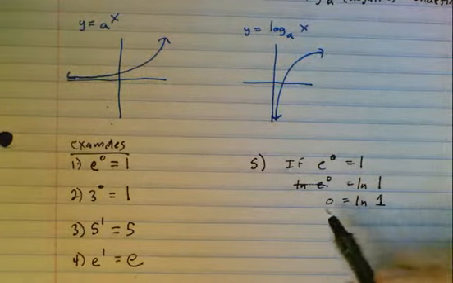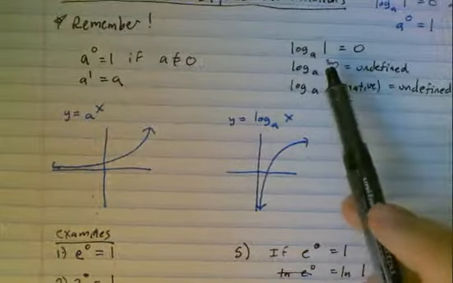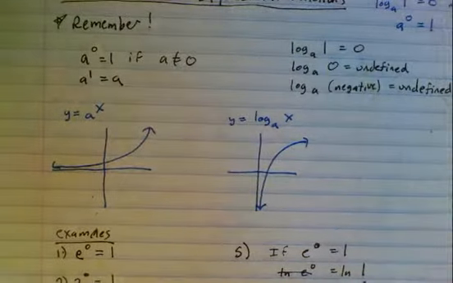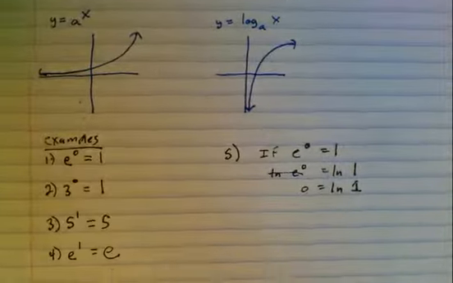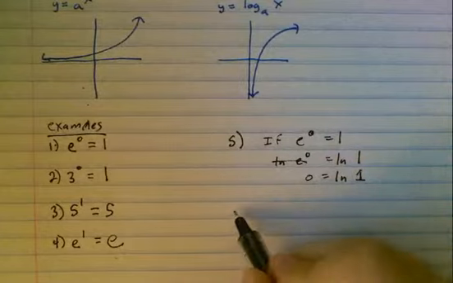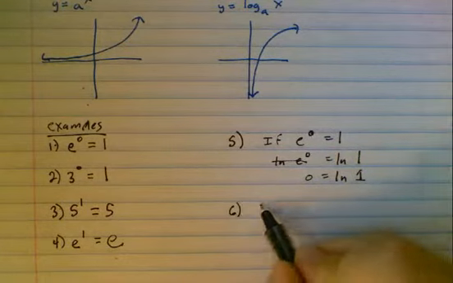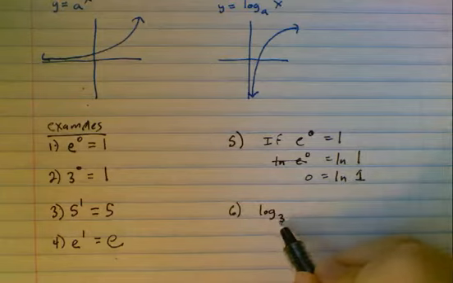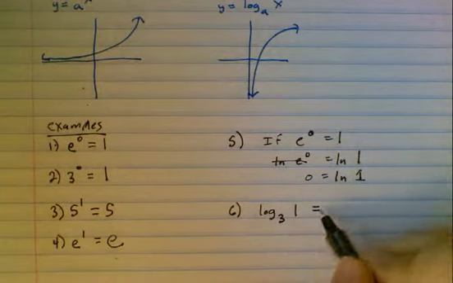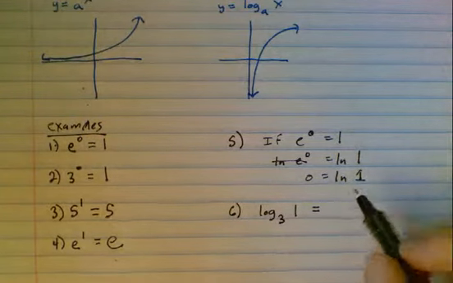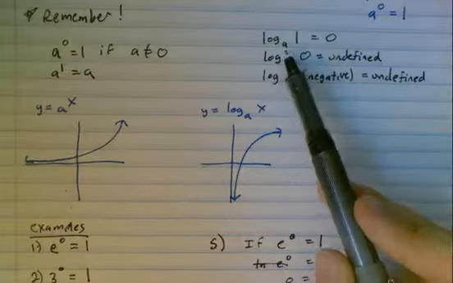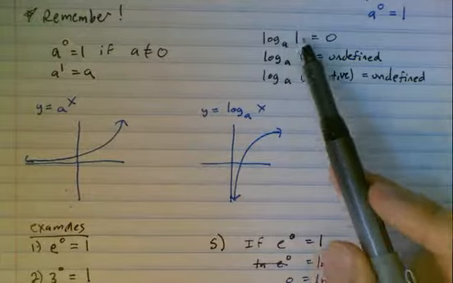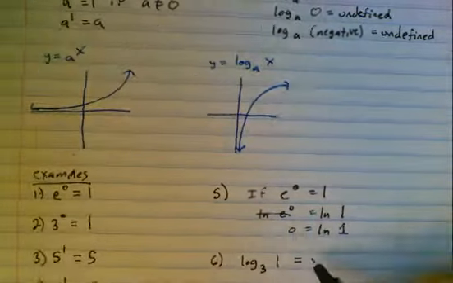Natural log of 1 is 0, which is exactly what we saw up here. Natural log is just log base e. So let's say number 6, log base 3 of 1. Well, we know that log base anything of 1 is just going to be 0.